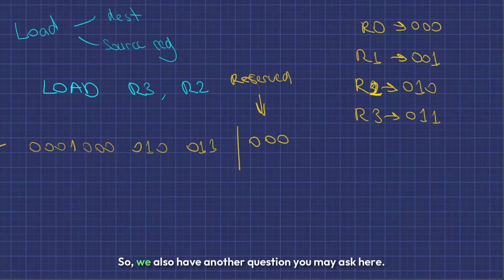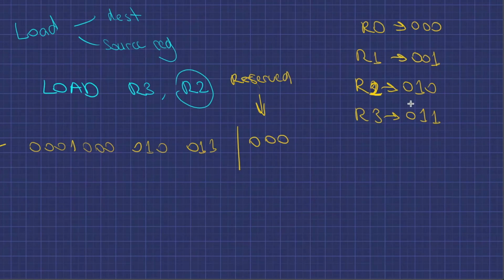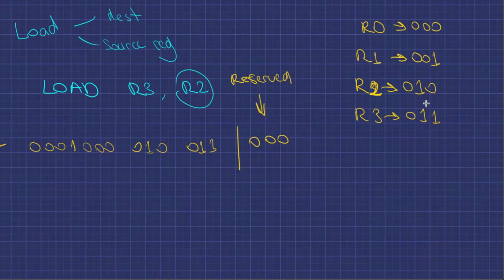So we also have another question you may ask here. What happens during the load? Basically, first it reads the value in register R2, which is 0100. Now it treats that value as a memory address, and it goes to the memory location. It reads the value stored there and stores the value into register R3.